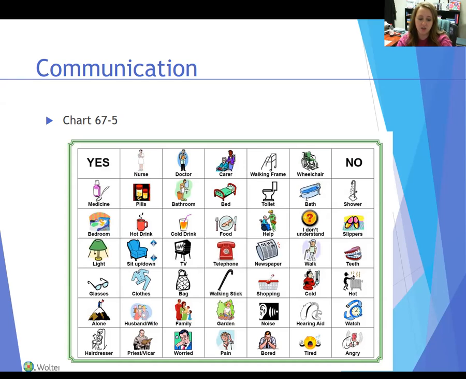So if I'm telling them, hey, let's get up to the bedside commode, and they don't understand what I'm saying, I can point to the bedside commode, like this is where we're going, sit. I can use gestures, drink, eat. So there's certain things that we can use if they can't understand the spoken word, and then they're like, oh, okay, that's what they're asking me.